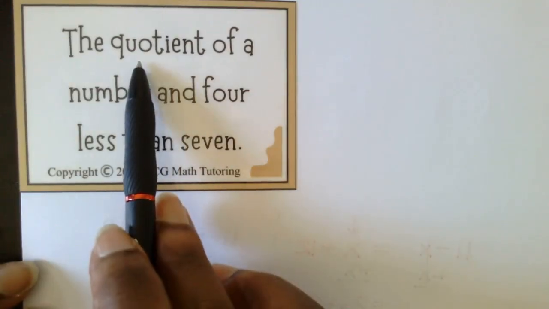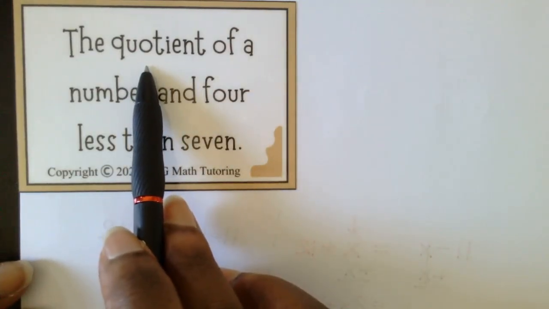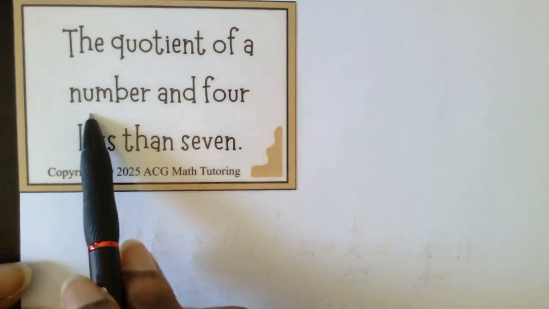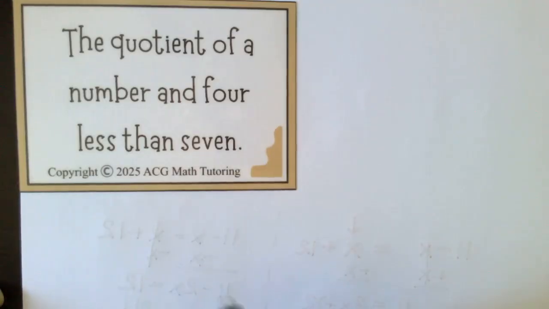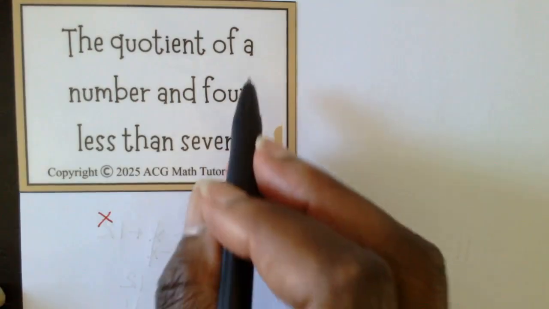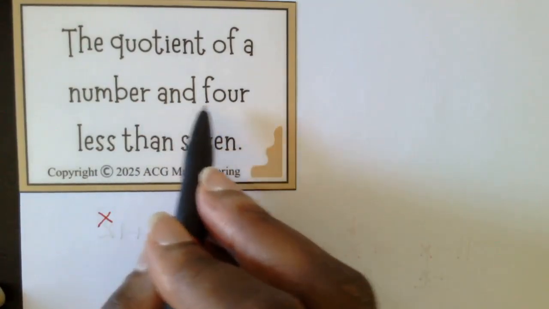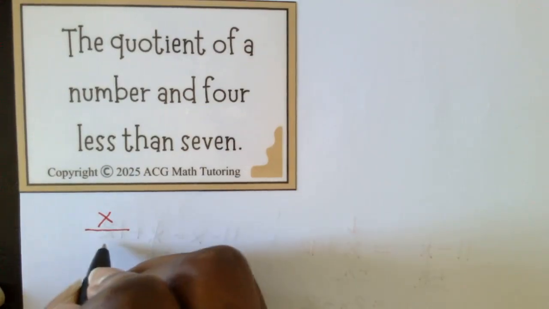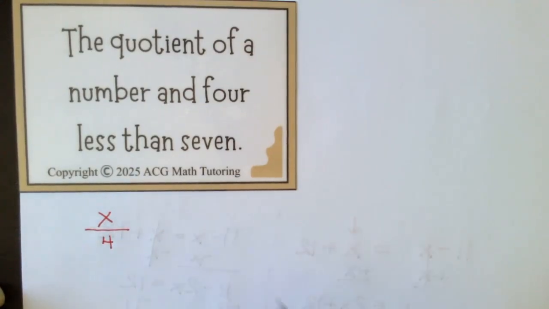So we are dividing two things. So what are the two things? We got the quotient of a number, which I don't know what the number is. So let's say that's x. So I am dividing x and 4. So it looks like x divided by 4.